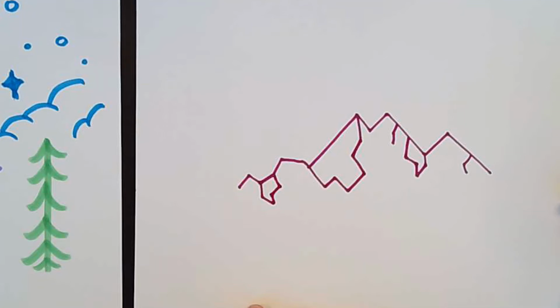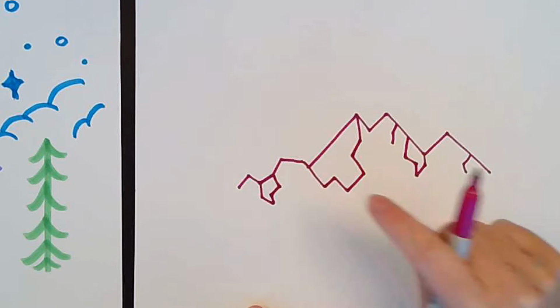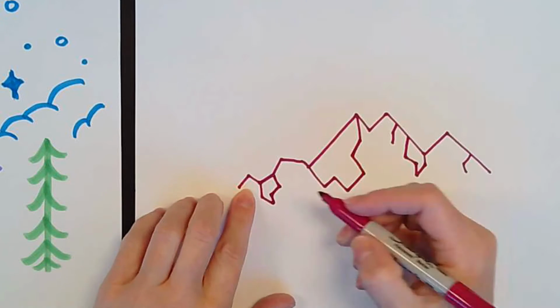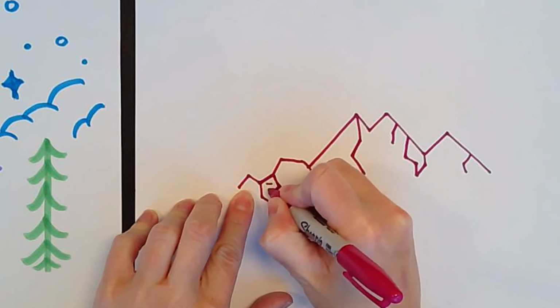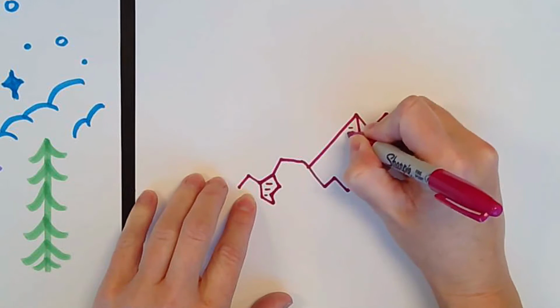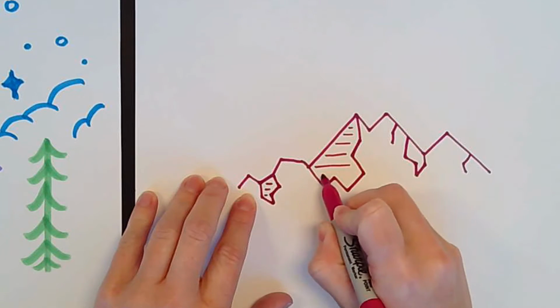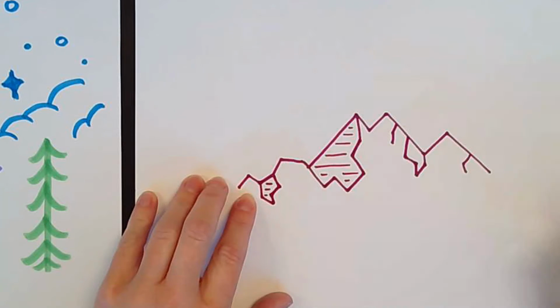Okay, the last thing we're going to do is these three little sections that we drew here, we're going to add some little lines. So watch what I'm going to do. I'm just going to add some little horizontal lines. Just little horizontal lines. I'm going to do the same thing in the big one. Just some little horizontal lines.